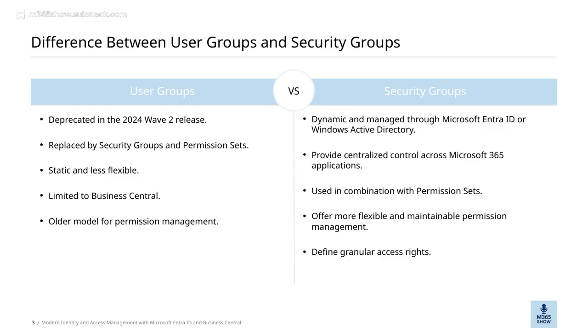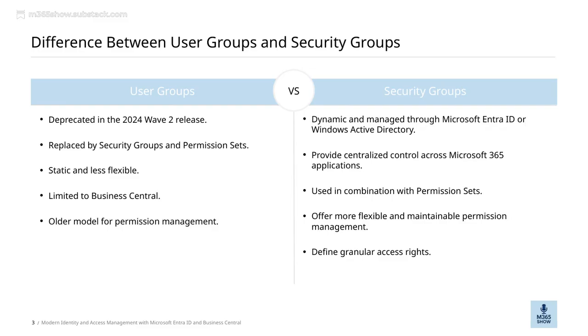These groups provide centralized control across Microsoft 365 applications, which helps streamline permissions and access management. They are often used together with permission sets to define what users can do, offering more flexibility and easier maintenance compared to older methods. Speaking of which, permission sets allow us to define granular access rights, giving us precise control over what each user can access or modify.